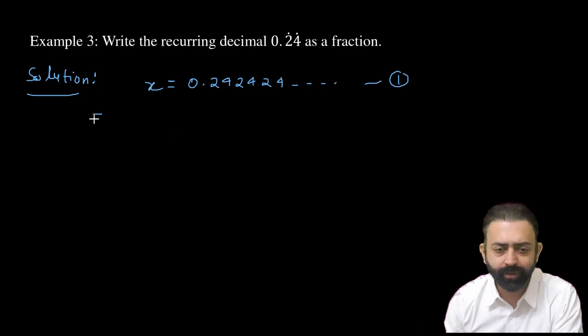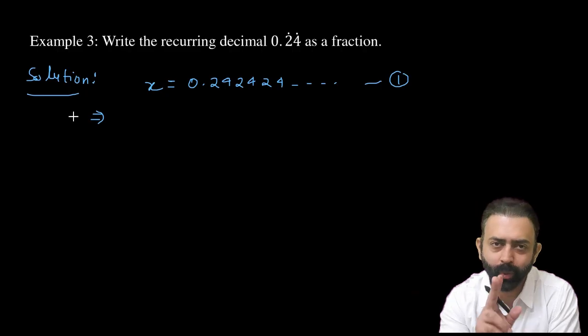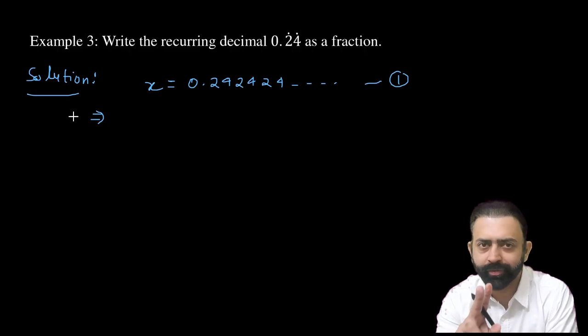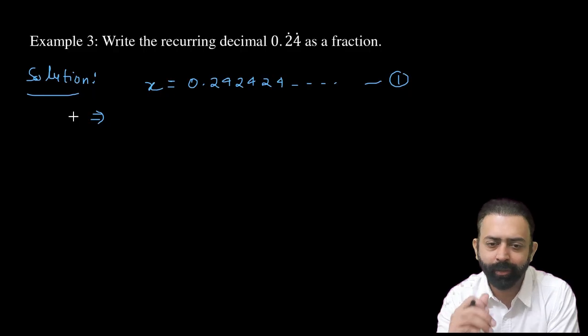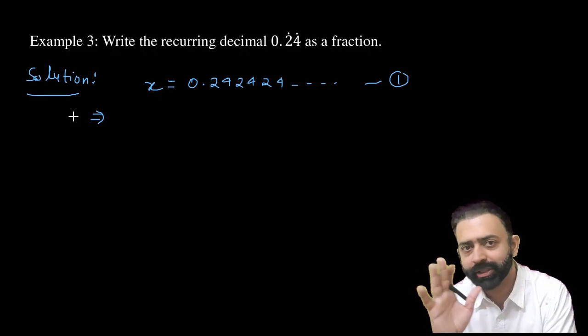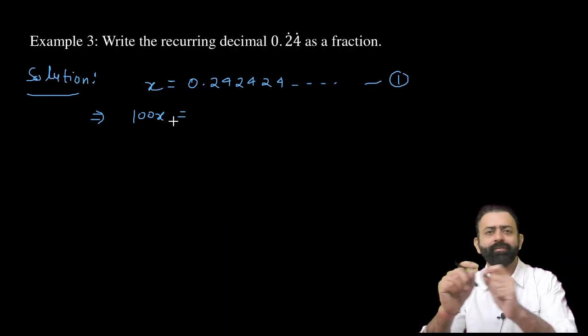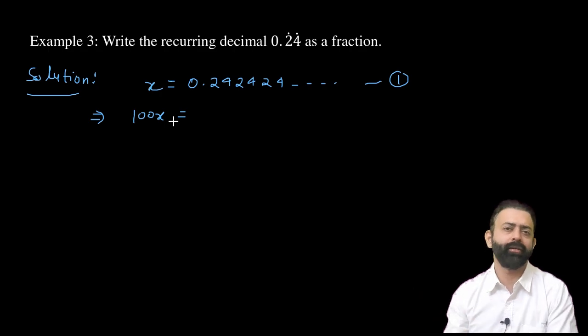The second step was to find out the number of digits which are repeating. Here we have 2 digits which are repeating. So we will multiply this equation number 1 by 2 multiples of 10, which is 100. We will multiply equation 1 by 100 this time because we have 2 digits which are repeating. So this is 100x is equal to, no need to mention each and every time that we are multiplying equation 1 by 10, 100 or 1000.